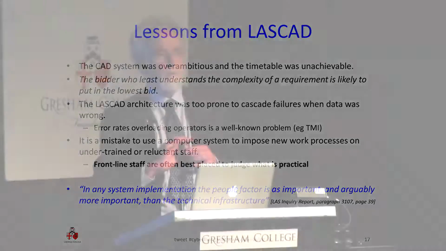This is not a good move, because even if you write the contracts in a way that means that a lot of risk falls on the supplier, which is what the National Programme for IT in the Health Service set about doing a decade after this fiasco, you can't outsource the business risk. Nobody's going to be able to solve the business problem that you're left with when your computer system crashes. So it isn't a winning strategy to try to get a critical system built by somebody who doesn't understand what they're doing.